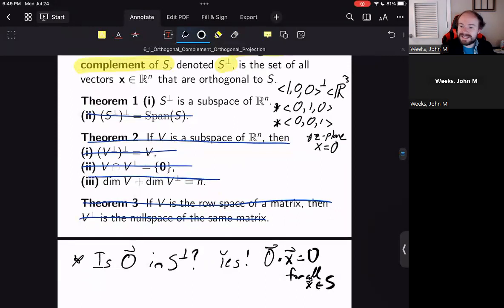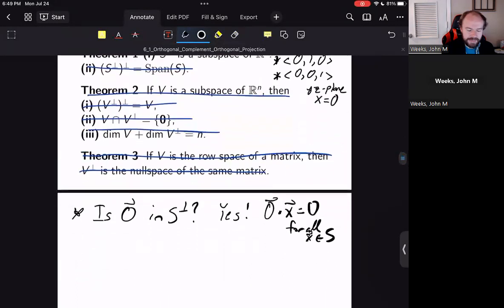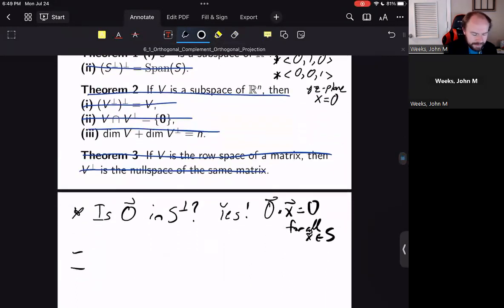Now, what happens if I take a linear combination of vectors inside of S perp? Let's say x and y are in S perp.